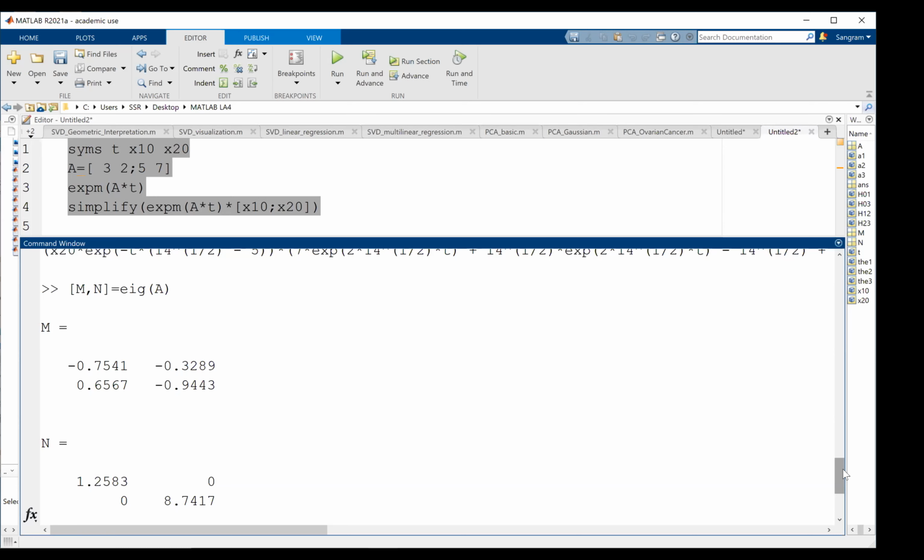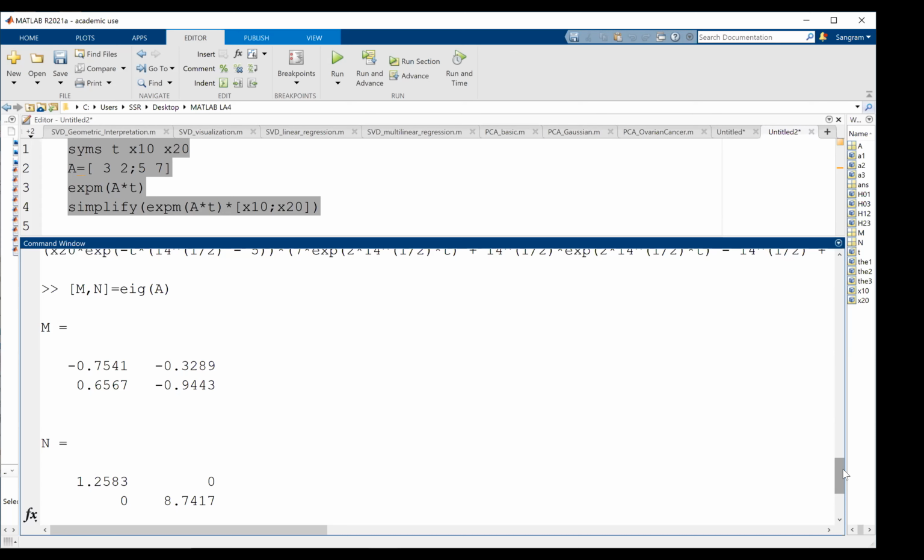Now what I want to do is multiply the left hand side by M inverse. So M inverse times M y1 dot y2 dot is equal to M inverse A M times y1 y2.